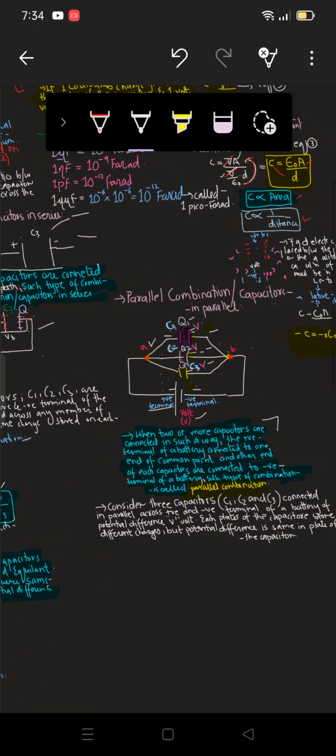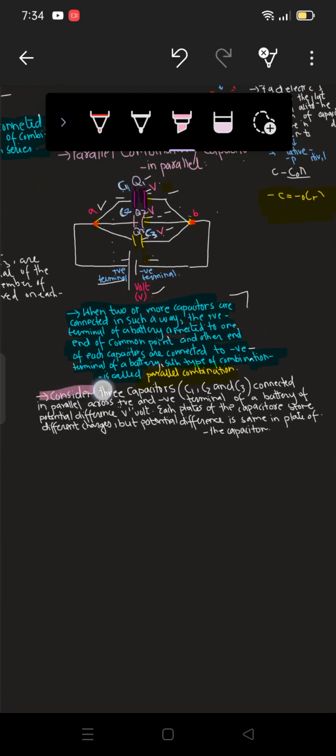But here in parallel, they store different charges, however the potential difference remains the same.